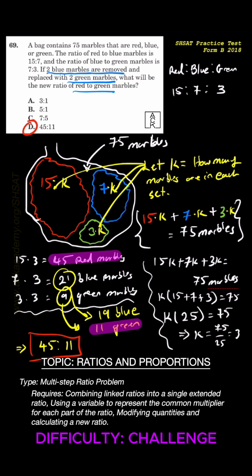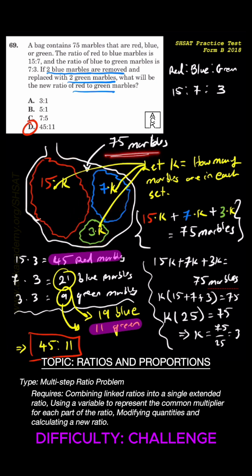This is a tricky problem. Please break it down and really make sure you understand all the steps. The trickiest part is really knowing that this k is how many marbles are in each set. So each of these is its own distinct set, which has to be multiplied by something to figure out the 75.